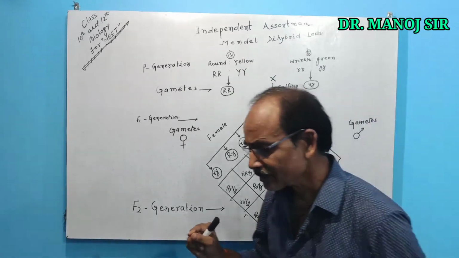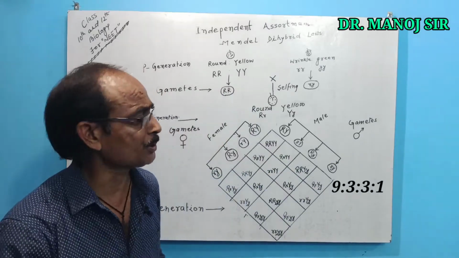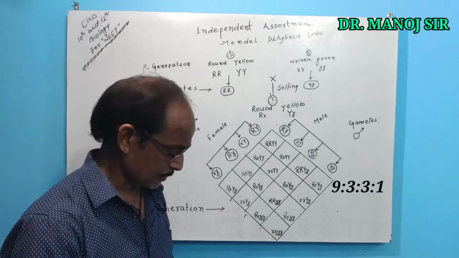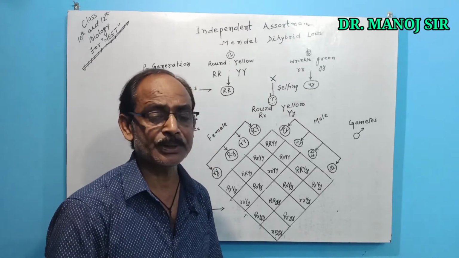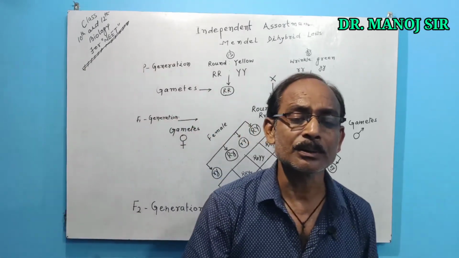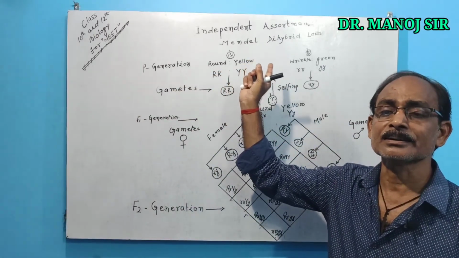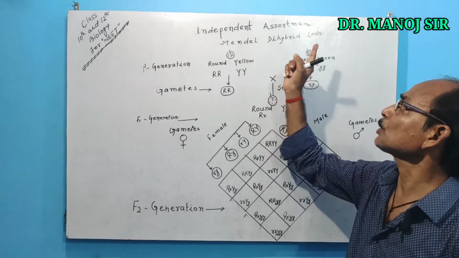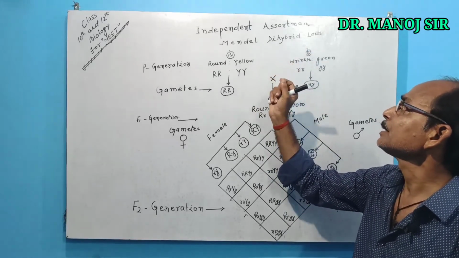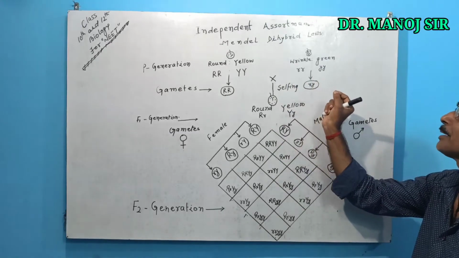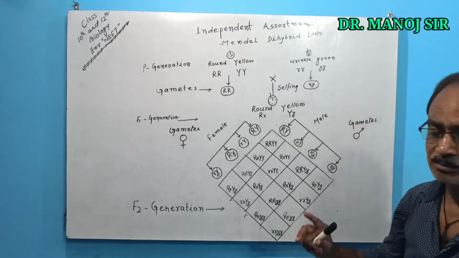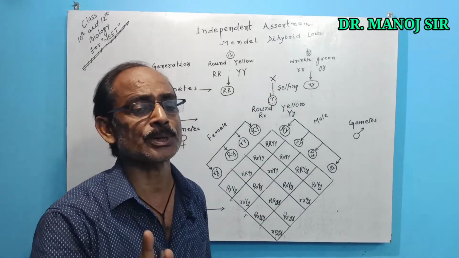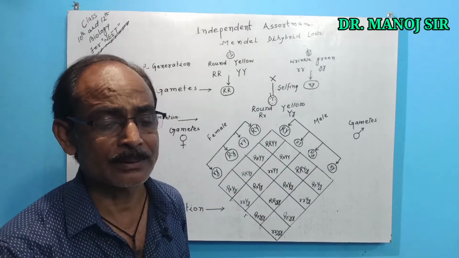It means the 9:3:3:1 phenotypic result occurs by dihybrid independent assortment, that is Mendel's dihybrid law of two factors when crossed together.